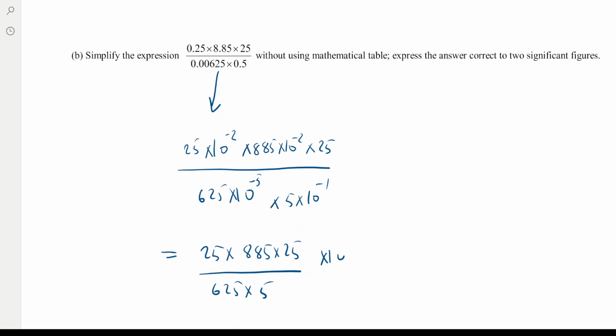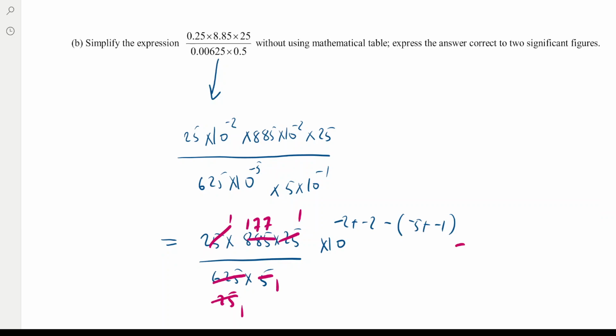When you simplify, 25 by 25 is 1, 25 by 25 is 1, 62.5 by 25 is 2.5, by 5 is 1, 885 by 5 is 177. So you have 177 times 10 power negative 4 plus 6. So it is 177 times 10 power 2, dear students.